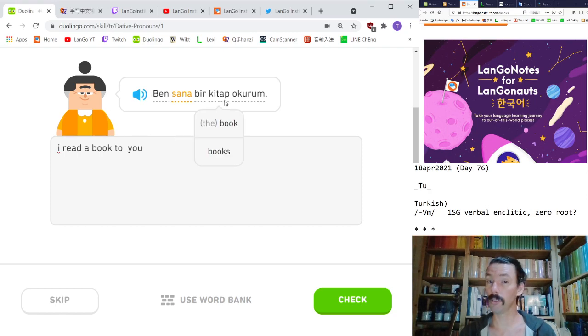It's between vowels, but the word boundary makes a difference: not kitab okurum, but kitap okurum. So that's a difference from Korean, where it would voice it like that if it were a p. Ben sana bir kitap okurum. I read a book to you.